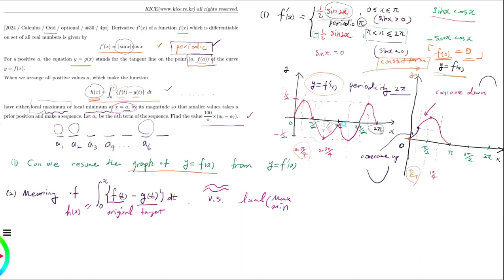And then here we have another negative derivative, so it goes to the negative value here. Here is 5 times pi over 4, and it looks like a concave down, and then another negative derivative gives you a decreasing function, but concave up here.